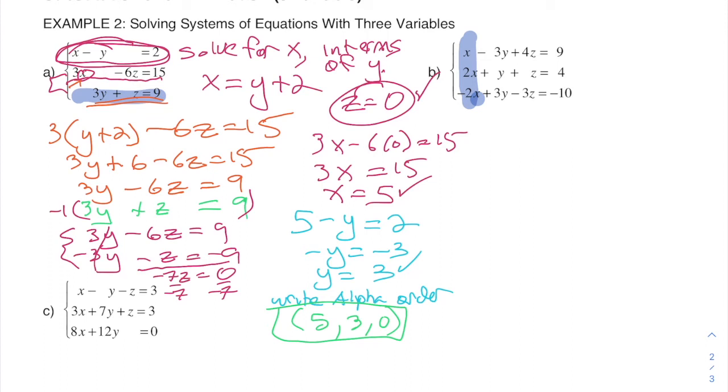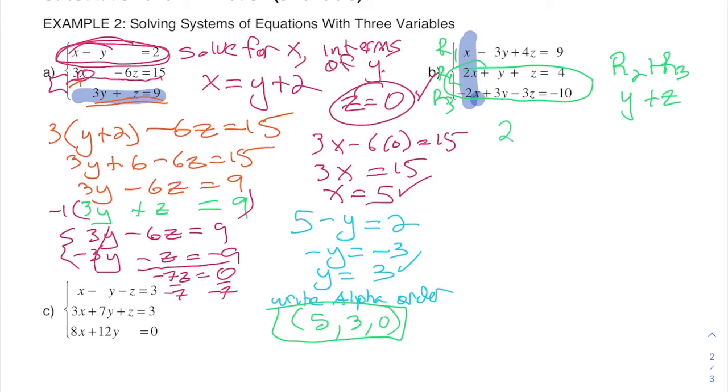So if I add these two together, I'm going to get a new equation that's in terms of just y and just z. If we call these row 1, row 2, and row 3, if I add row 2 plus row 3, then I'm going to get a new equation that's just in terms of y and z. Let's do that first because that's the easiest one to pick out. And all I need is 2 of those equations, and I could solve for y and z pretty easily.